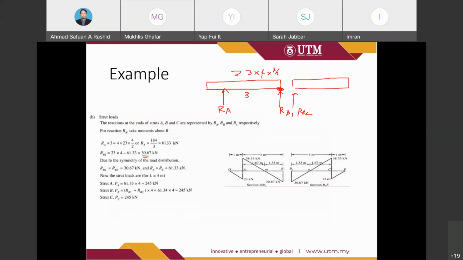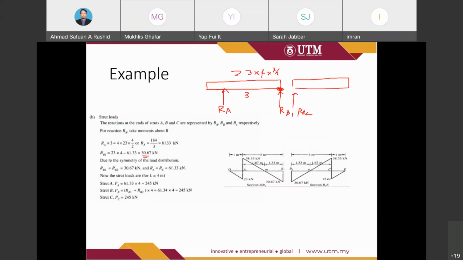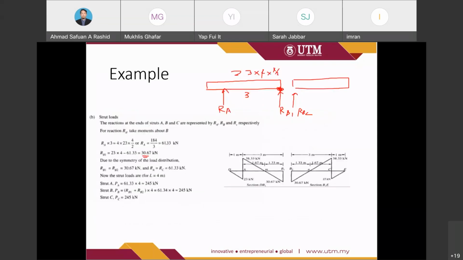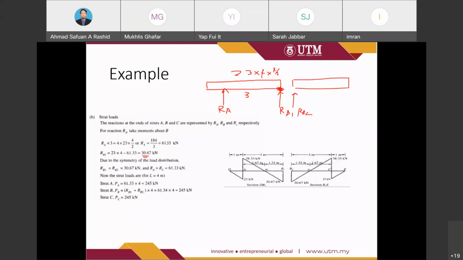For example, to get the moment for A, MA, and MC, we need to get the area of this distribution, the shear force diagram.